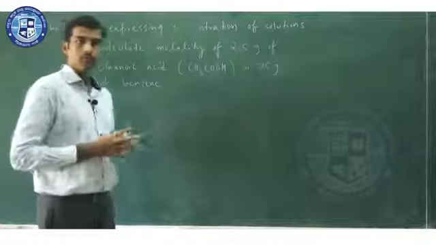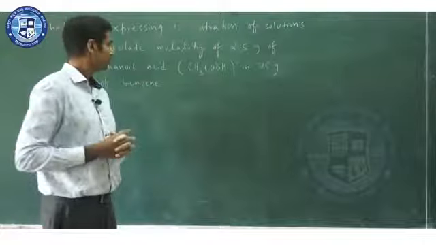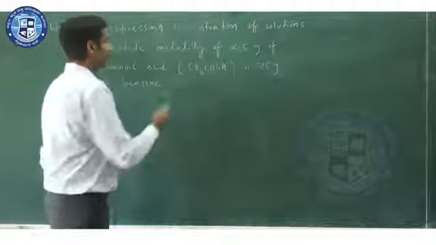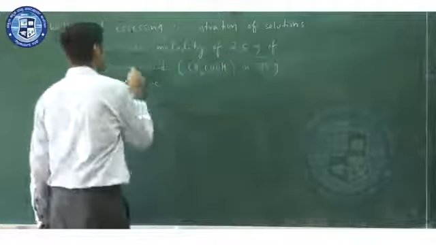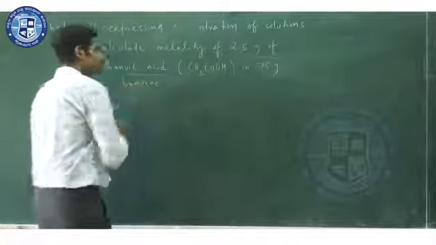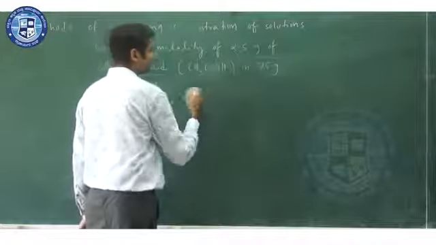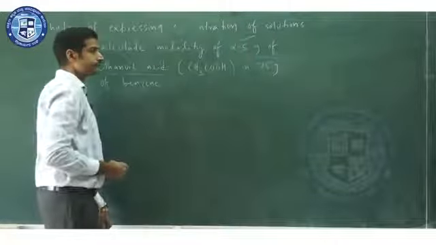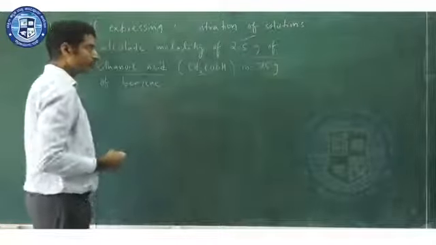Here we have a problem from your NCERT text to understand the concept of molality, and in this particular problem you have to find out the molality of 2.5 gram of ethanoic acid dissolved in 75 gram of benzene. You will observe that ethanoic acid or acetic acid is present in smaller proportion, is a solute, whereas benzene is a solvent, it is present in a larger proportion.